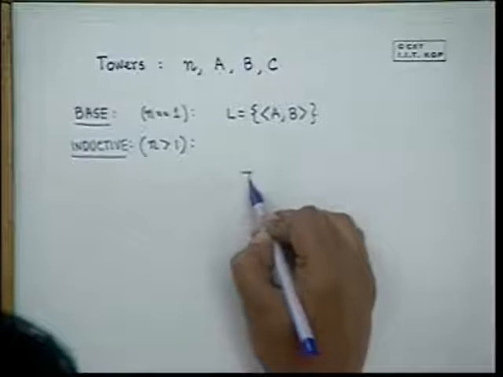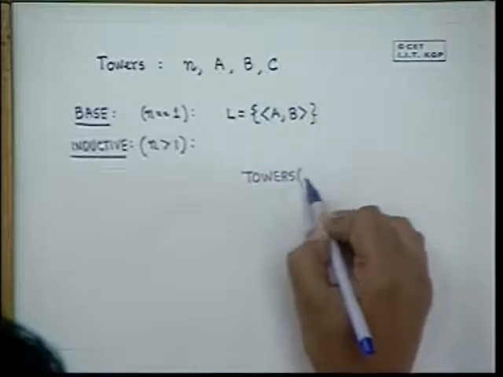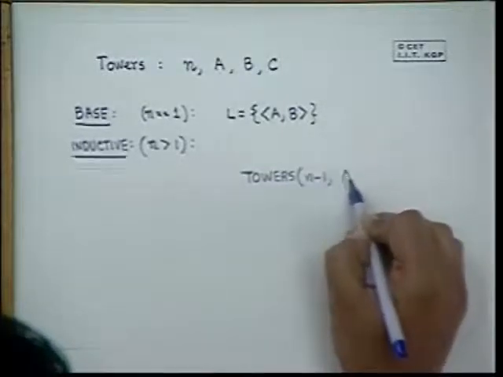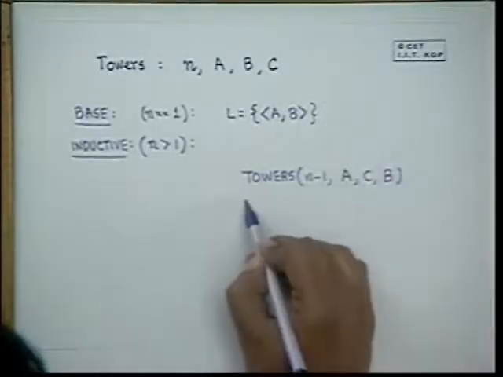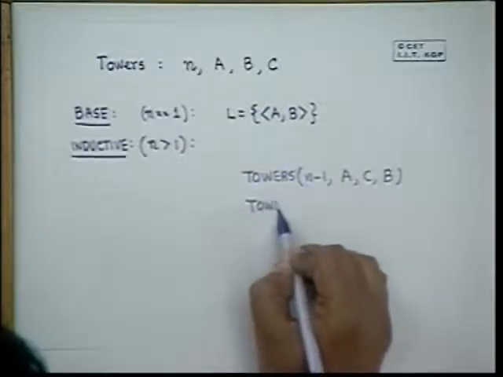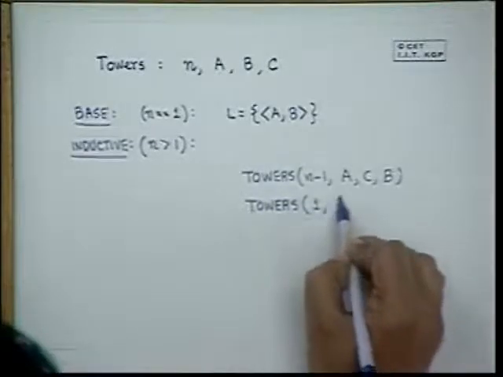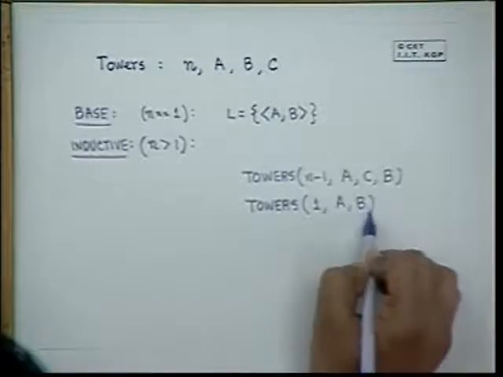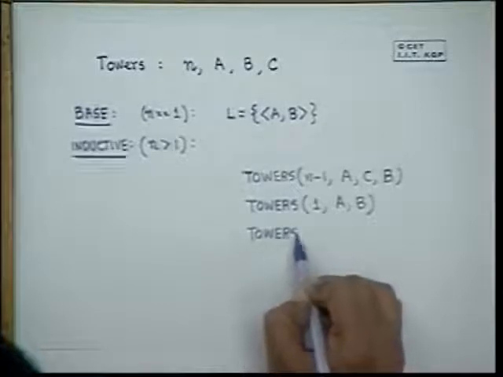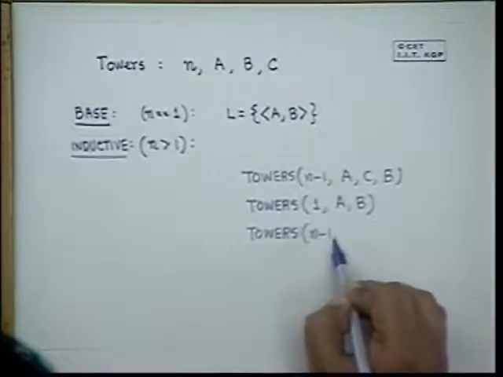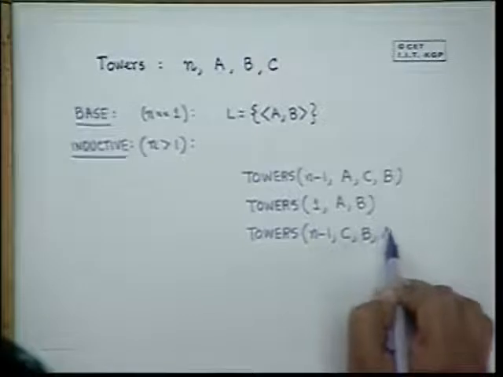Our subproblems were Towers n minus 1, A to C using B; Towers 1 from A to B; and Towers n minus 1, C to B using A. I hope you try and imagine the diagram mentally, because slowly we'll have to get used to it.